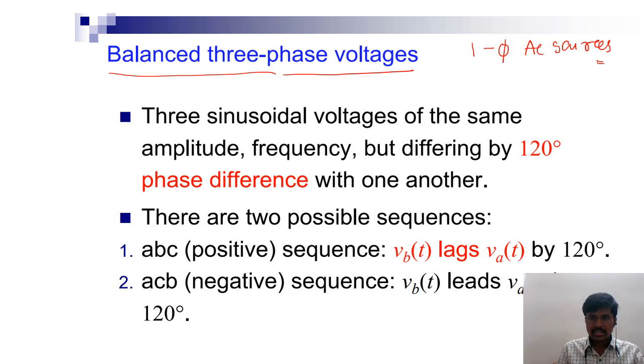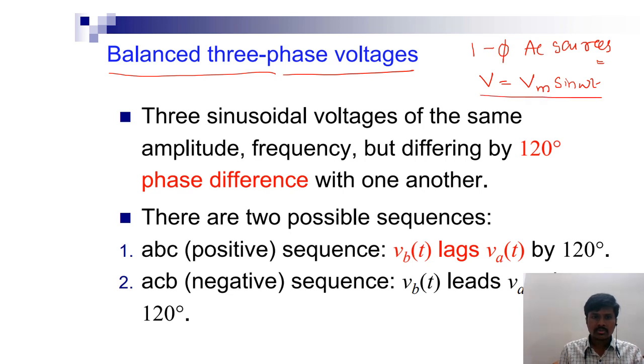Let us take V is equal to Vm sine omega t. This is the single phase AC voltage source expression, right?